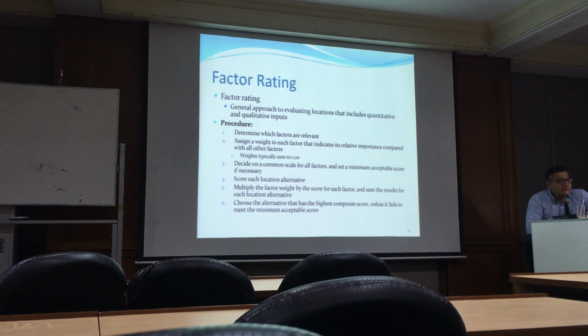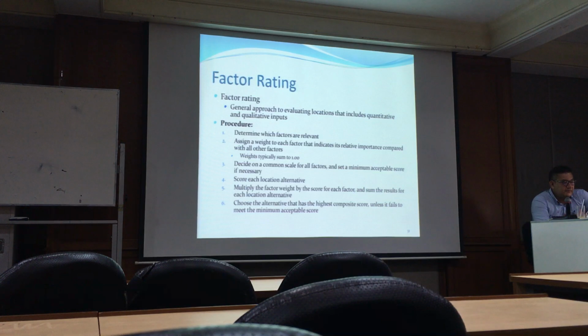And then you multiply the score with the weight, and then you sum up. So the location alternative that has the highest composite of the score multiplied with the weight, summed up, is going to be the one that you might think of first.